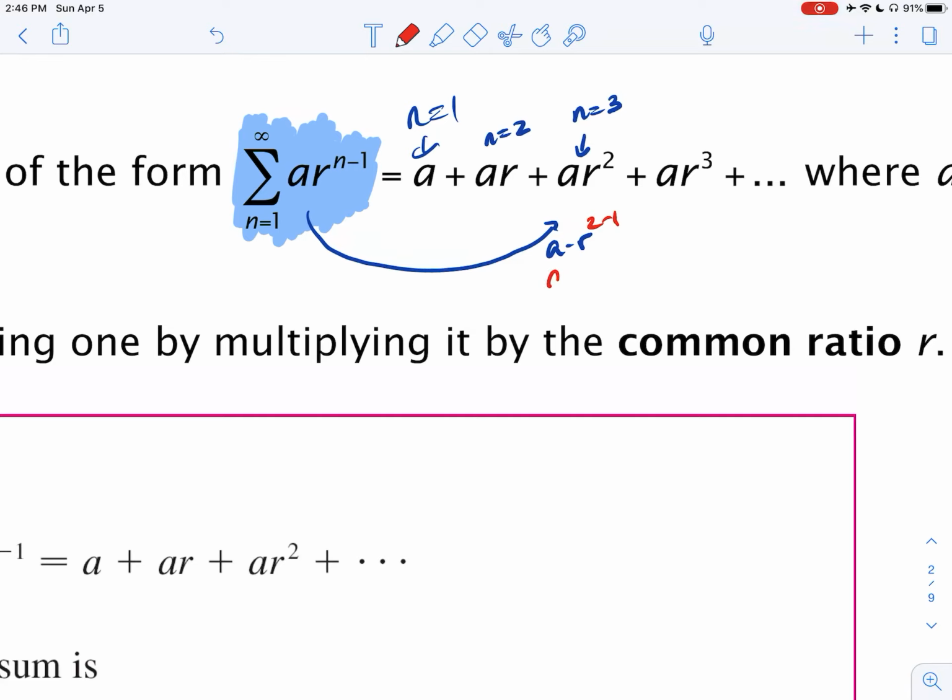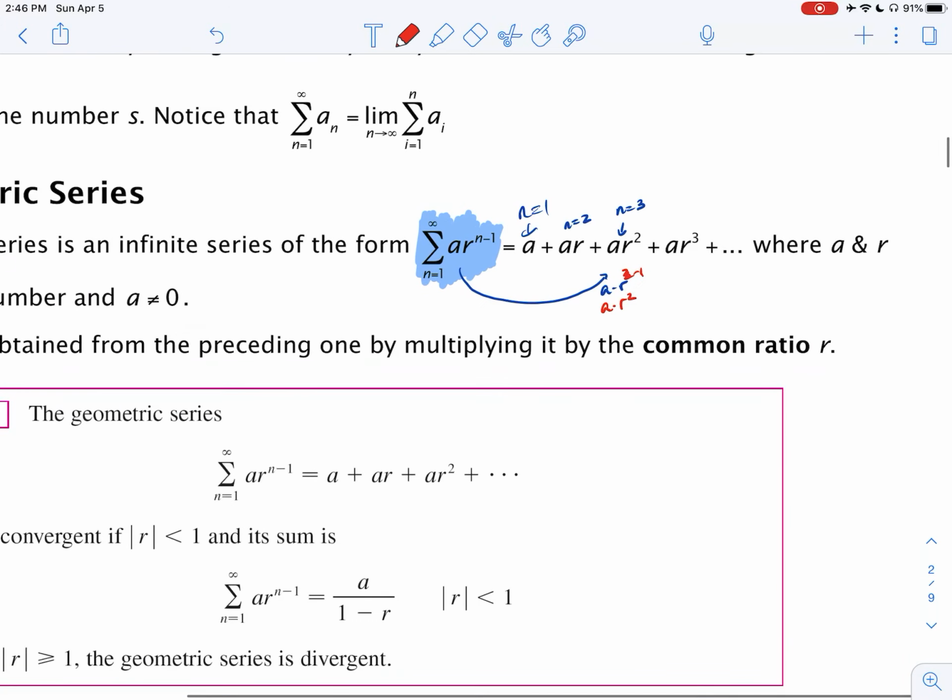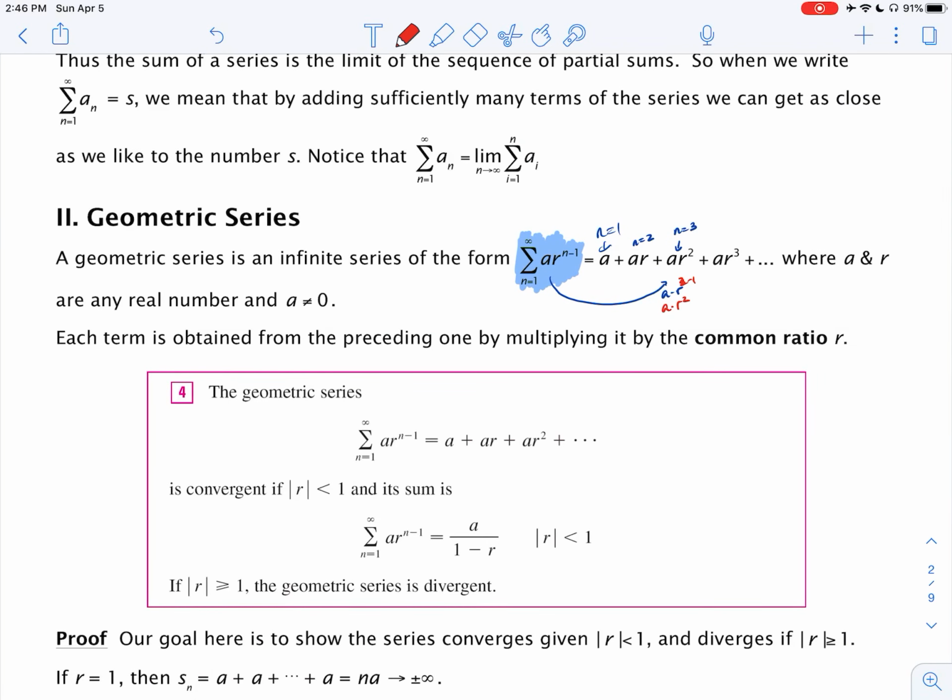And so we would have that that's a times r, or to the 3 minus 1, sorry. And that would be ar squared. So we do see that the structure of that sum from n equal 1 to infinity of a times r to the n minus 1 has this type of pattern where a and r are any real numbers. Good.